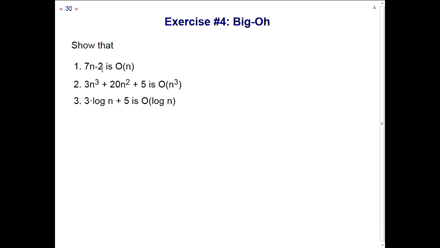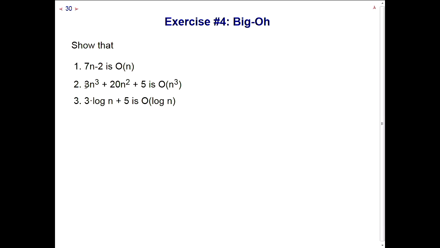What would be a natural choice for a constant so that 7n minus 2 is smaller than c times n? 8. You could choose 8. You can even choose 7 because we are actually subtracting something from 7. But 8 would work just as well. So indeed, we have that 7n minus 2 is always smaller or equal to 8 times n.